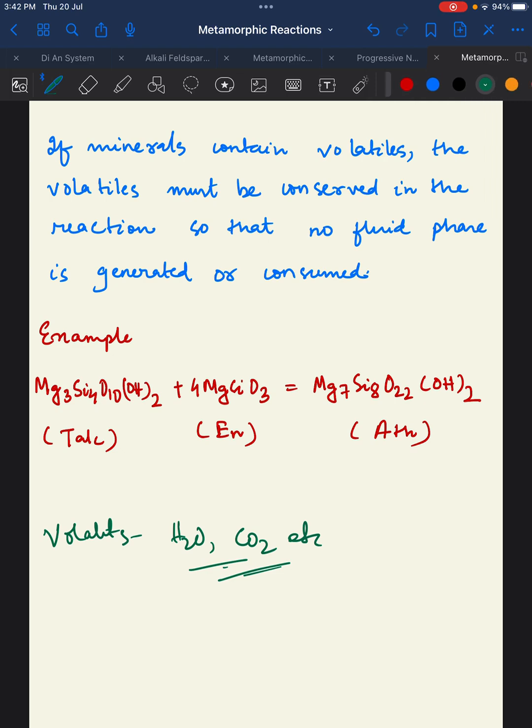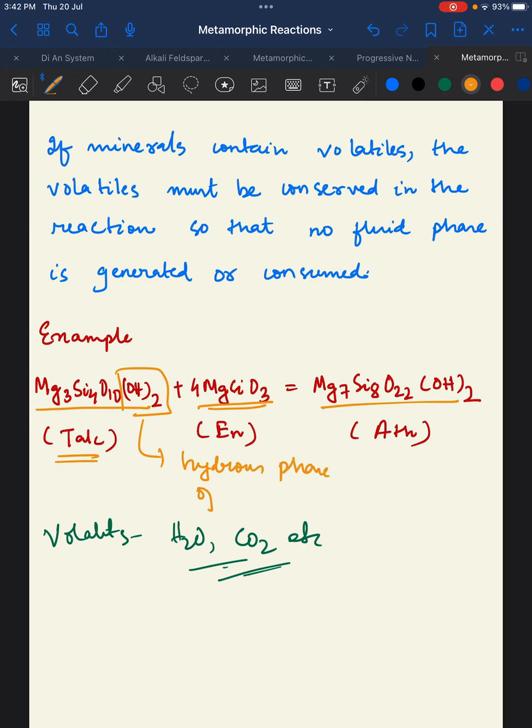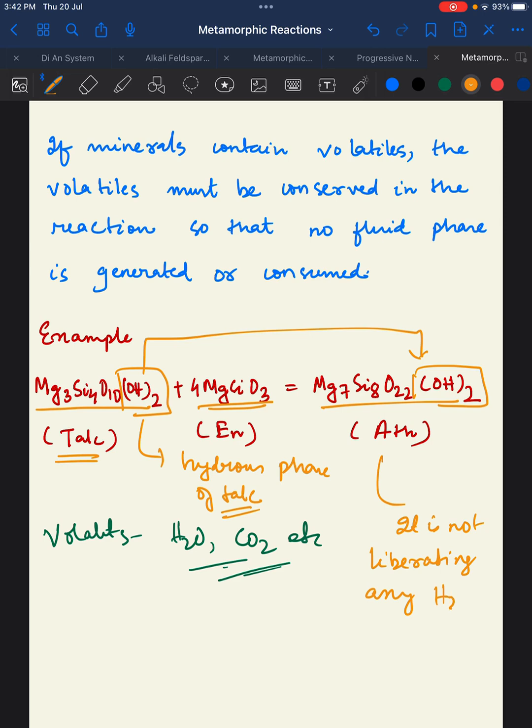This is an example of how this conservation takes place. Mg3Si4O10(OH)2 is talc. It reacts with enstatite to form anthophyllite. We can see that this (OH)2, the hydrous part of talc, is getting conserved in the anthophyllite structure, and it is not liberating any H2O.